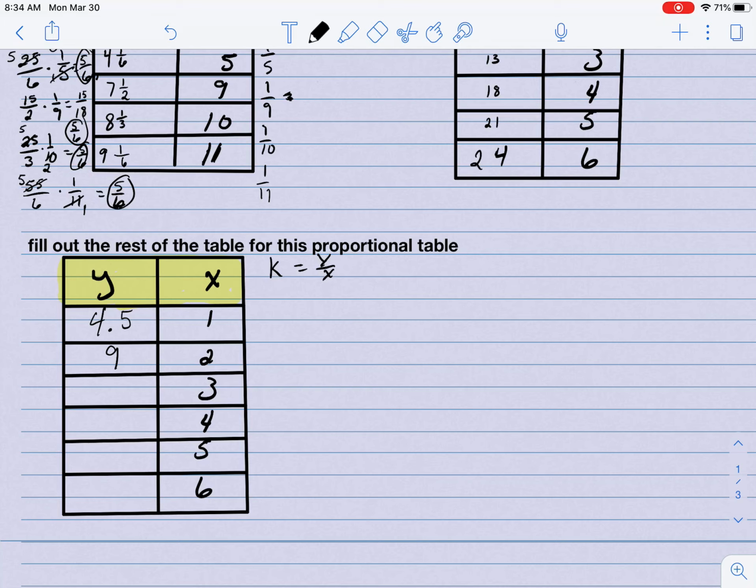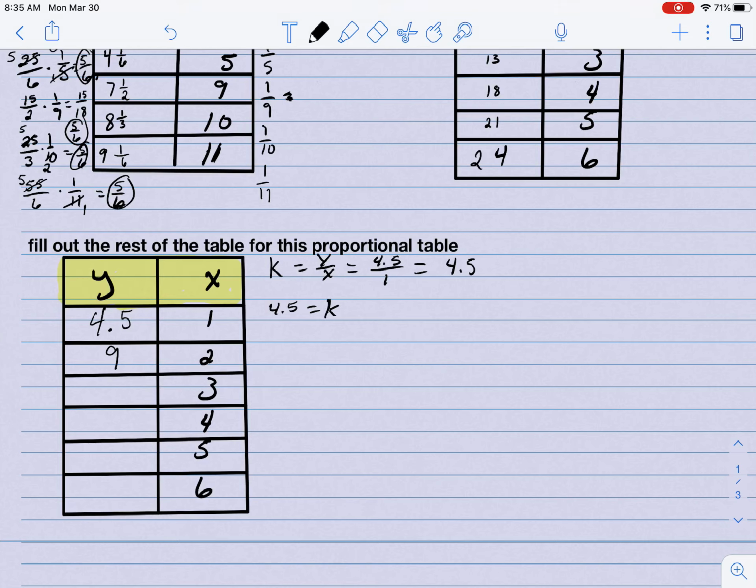And so we can find that just by taking one of these y's and dividing by x. So 4.5 divided by 1. Let me write that bigger. 4.5 divided by 1, which equals 4.5. So now that tells us that 4.5 is equal to k.